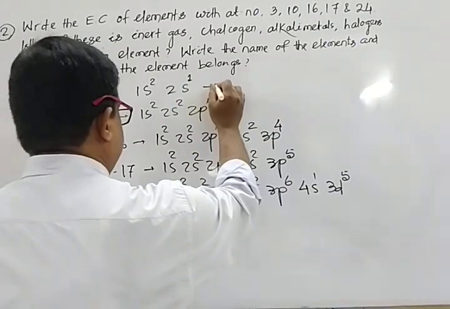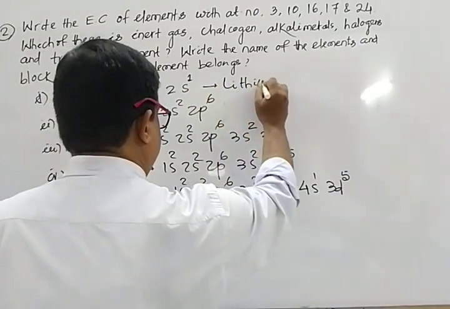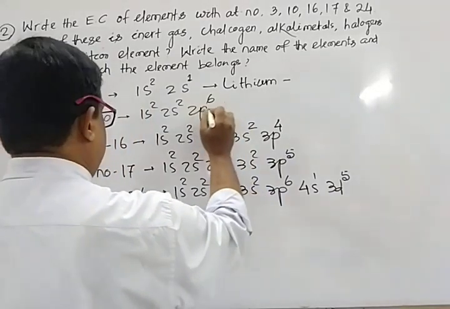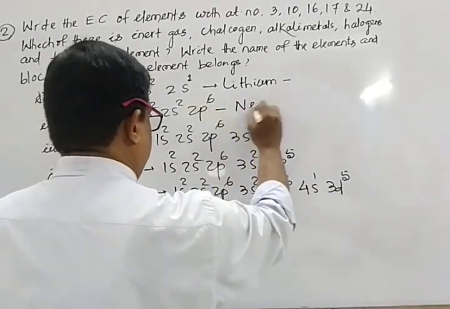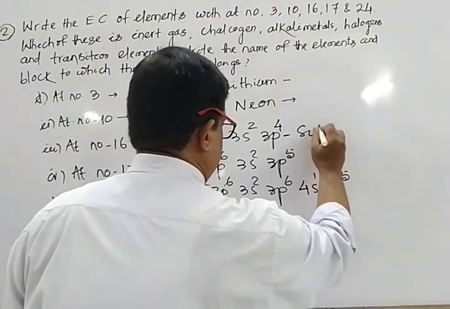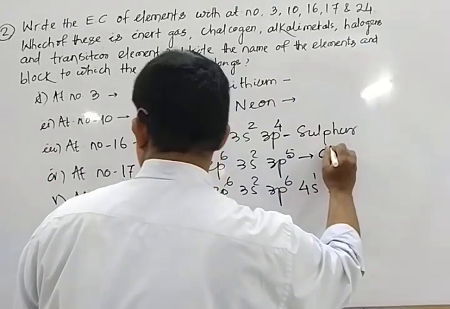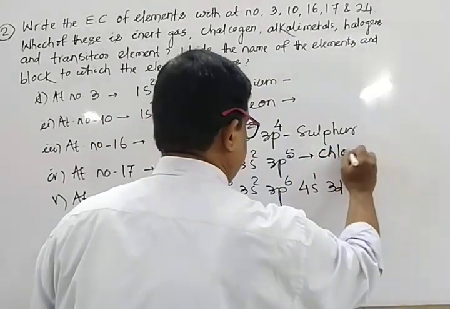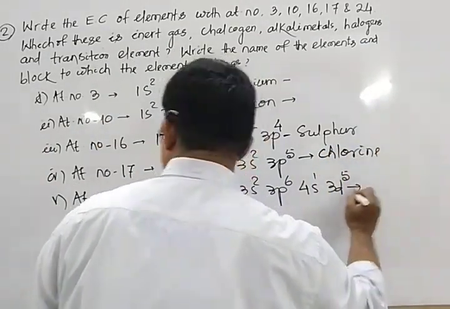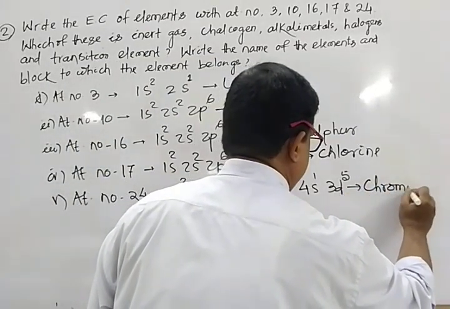Atomic number 3, lithium. Atomic number 10, neon. Atomic number 16, sulfur. Atomic number 17, chlorine. And atomic number 24, chromium.